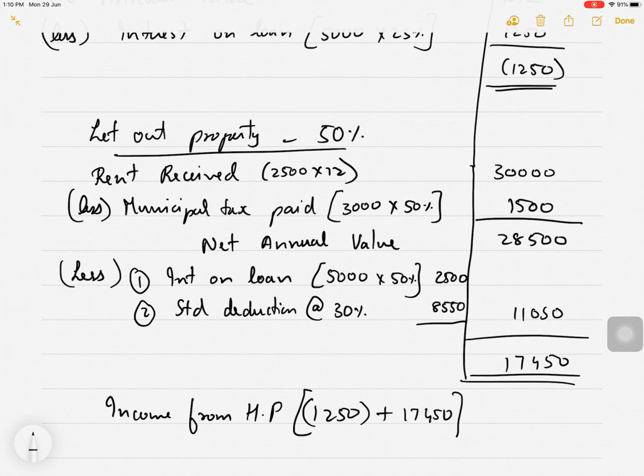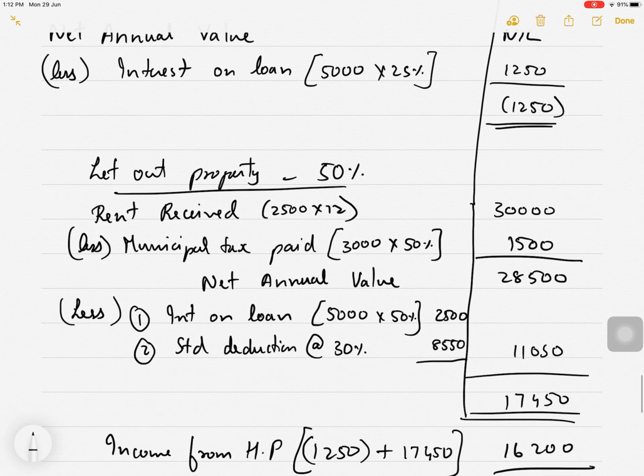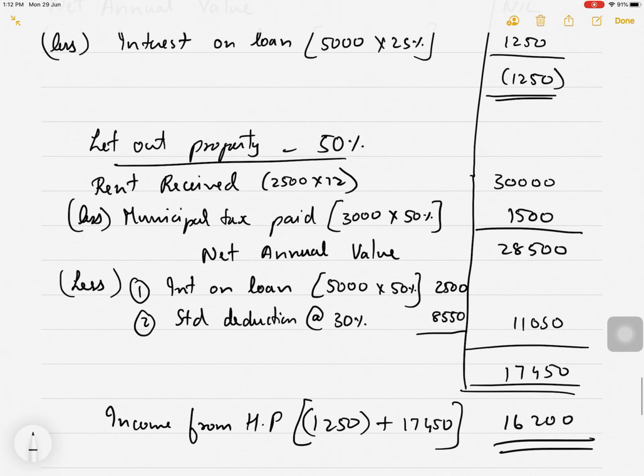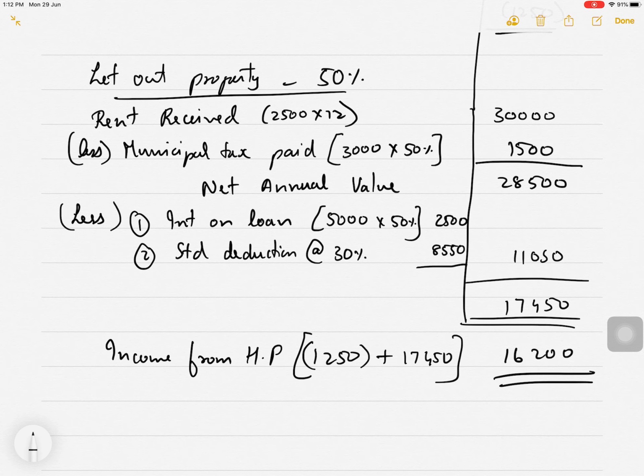So my income from house property is 1,250 negative plus 17,450. So 17,450 minus 1,250 is how much? 16,200. So this is my income from house property. Okay, I should have made 2 columns, then this and this I could write in the outer column.